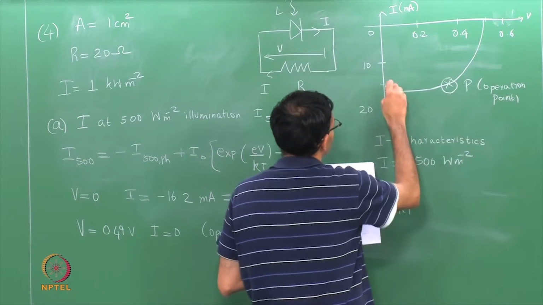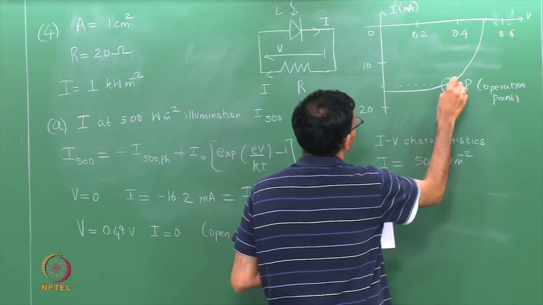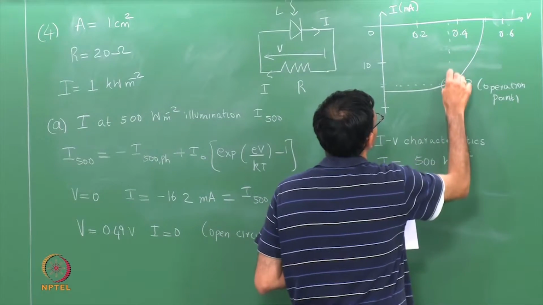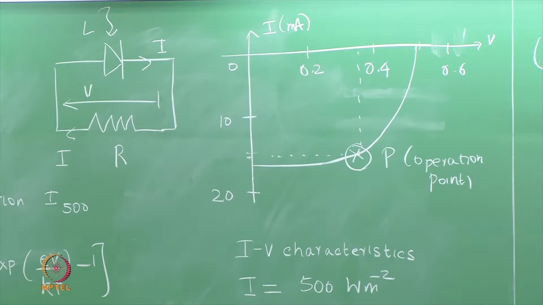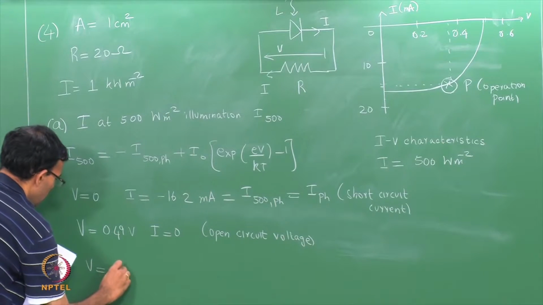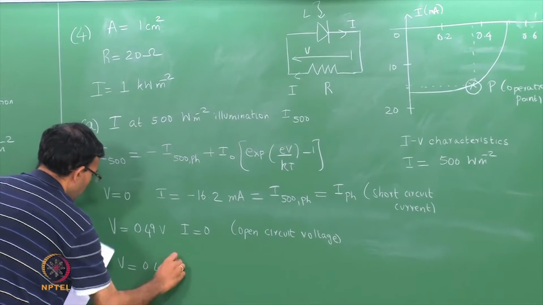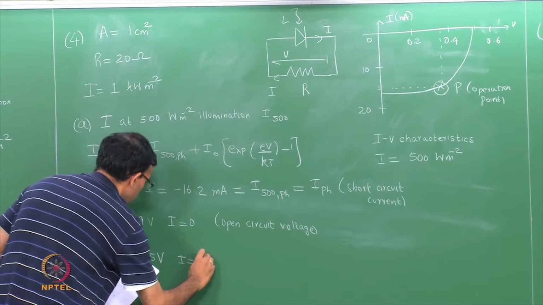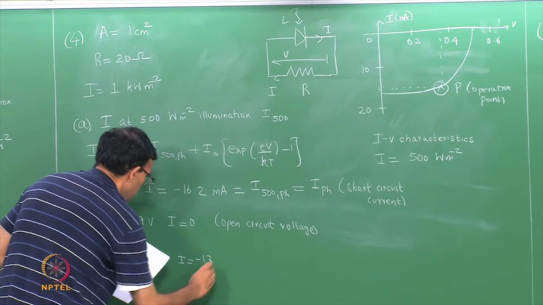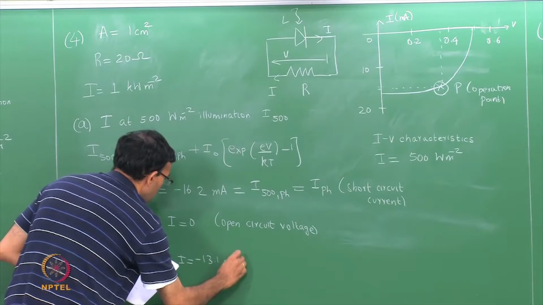And for this we can calculate the current and the voltage. So, V is 0.45 volts and the corresponding current I is minus 13.1 milliamps.